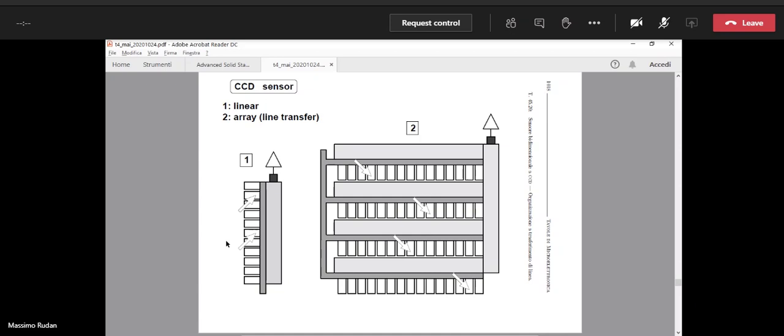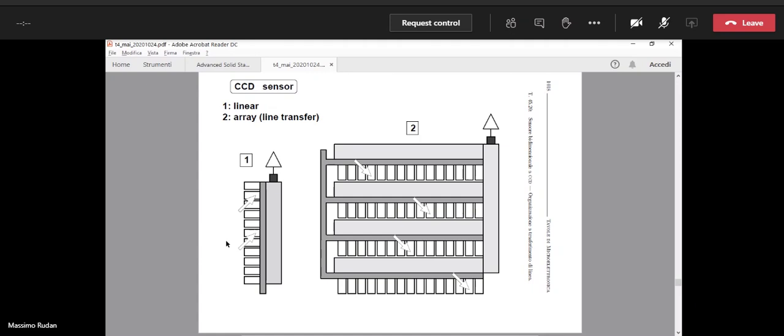So after the integration time has elapsed, the gate is operated and all the charge packets are transferred, in this case bottom up, into the horizontal CCDs that are protected from the radiation.